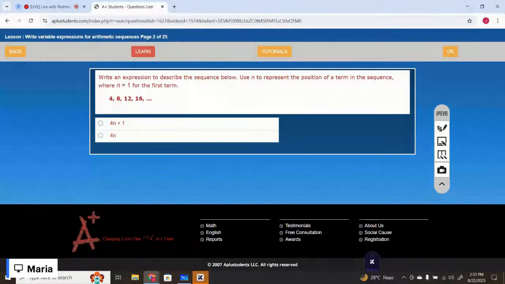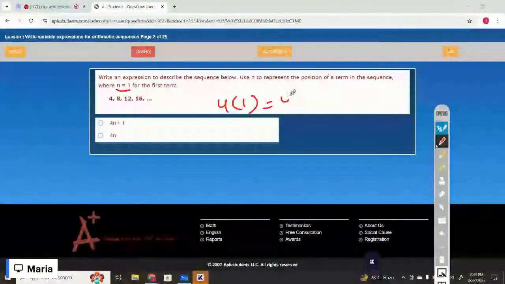Write an expression to describe the sequence below. Use n to represent the position of a term. 4n: 4 times 1 is 4, 4 times 2 is 8, 4 times 3 is 12, and 4 times 4 is 16. So that is 4, 8, 12, and 16.